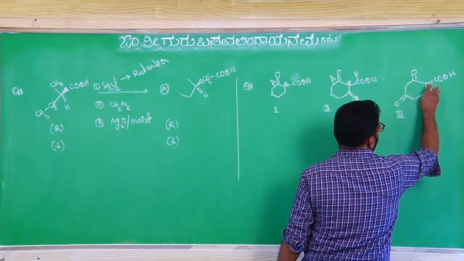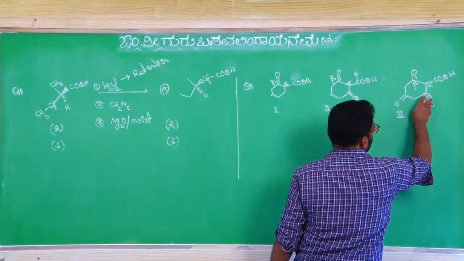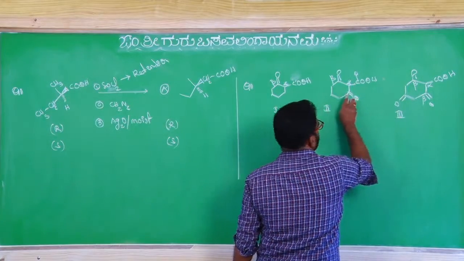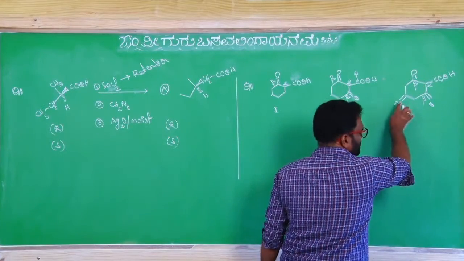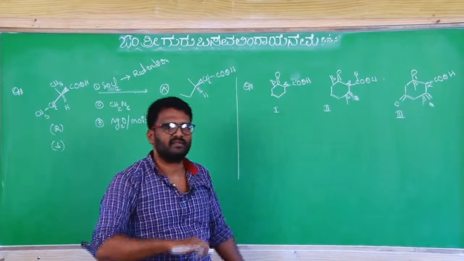This one also has alpha and beta keto. Here also alpha and beta keto. There are two keto groups here, and here also two keto groups, but one more C double bond O is there.